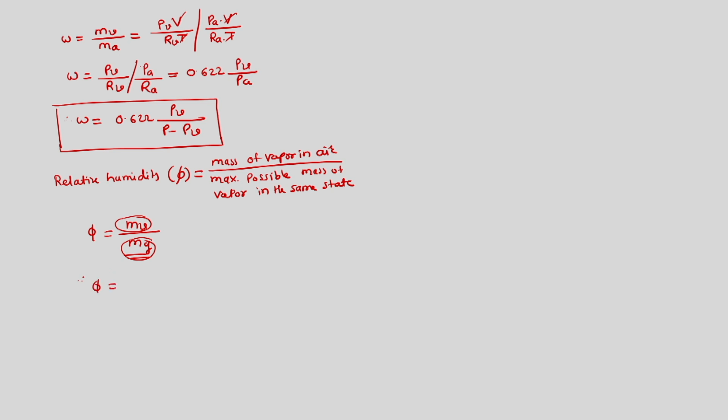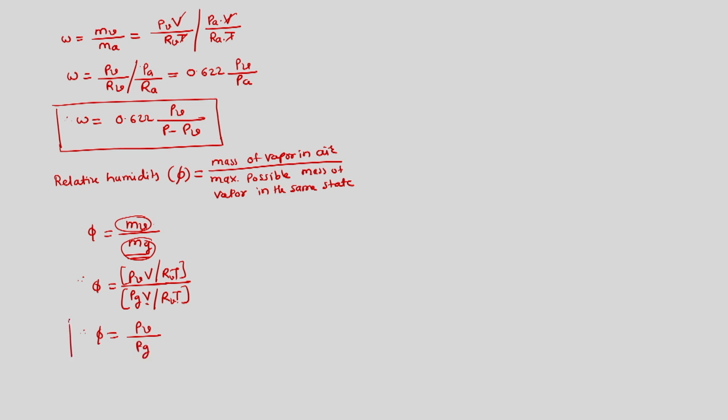So relative humidity is basically PV upon V divided by RT, which is the mass of vapor. Now the mass of saturated vapor is Pg upon V divided by RT, which is the mass of saturated vapor in the same volume and at the same temperature. So we have phi equal to PV by Pg, where RV cancels.